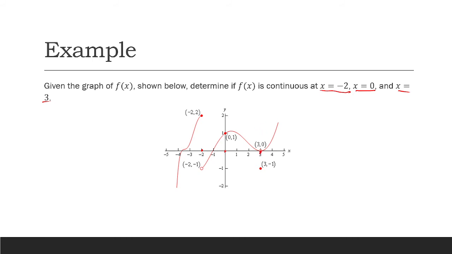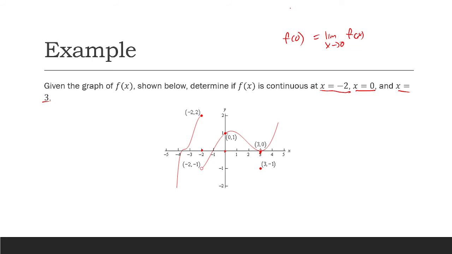So, tinatanong sa atin kung siya ba ay continuous. Now, to determine if it is continuous or not, gamitin lang natin yung definition. So, we just need to find the value of f of negative 2 and compare the limit of f of x as x approaches negative 2. So, ganun din, for x is equal to 0, we need to find the value of f of 0 and i-check natin if it is equal to the limit of f of x as x approaches 0.